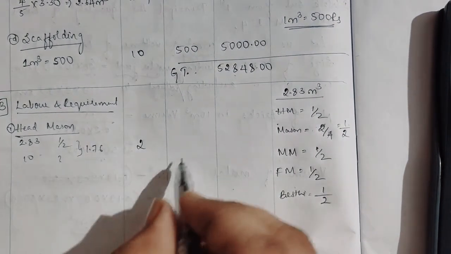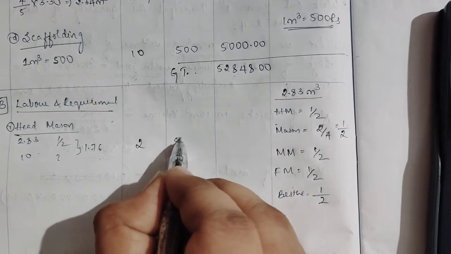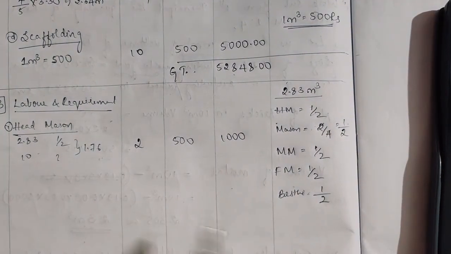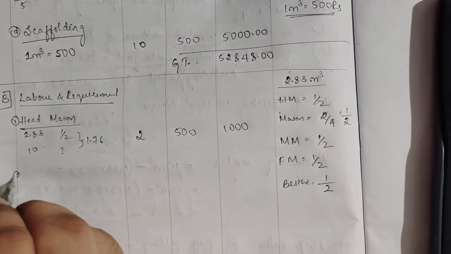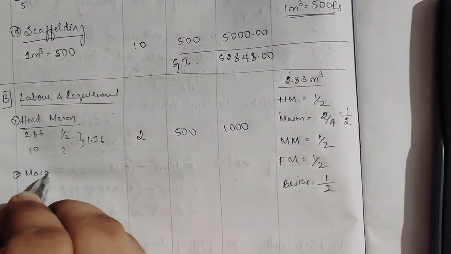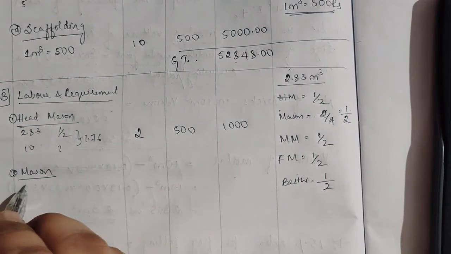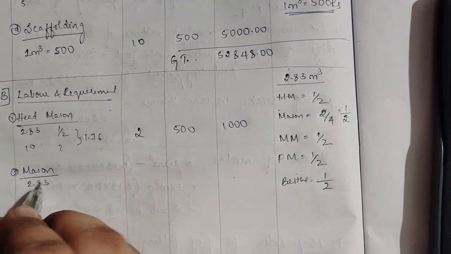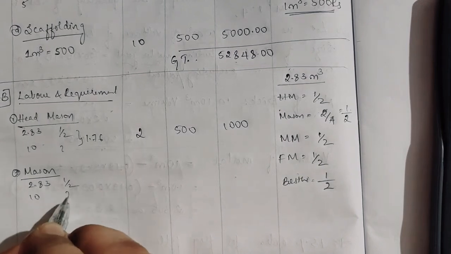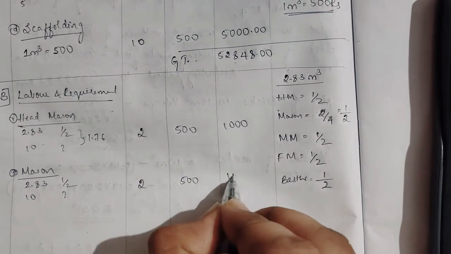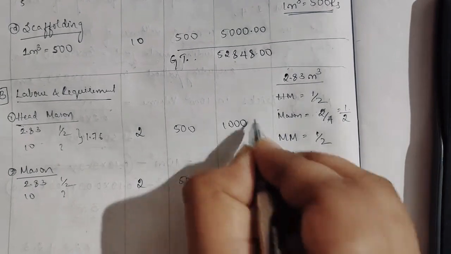So I'll assume as 2. So what is his wage? 500, it will be 1000, okay. Next, mason, they have given us 2/4. It's nothing but 1/2. We will require same 10. So it is also 2. What is the wage? 500. We get 1000.